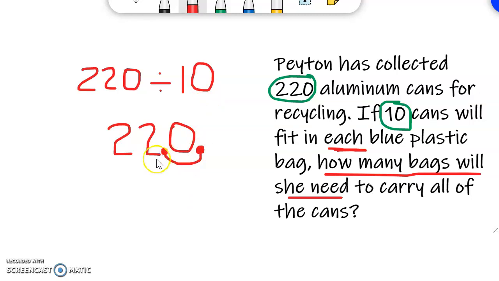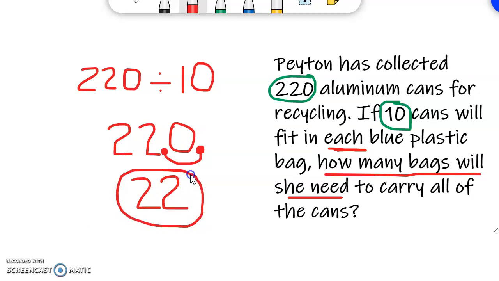Okay. So that lets me know that Peyton will need 22 bags in order to carry all 220 of the cans. And I'm going to circle my final answer, 22, in order to show the teacher that that is my final answer.